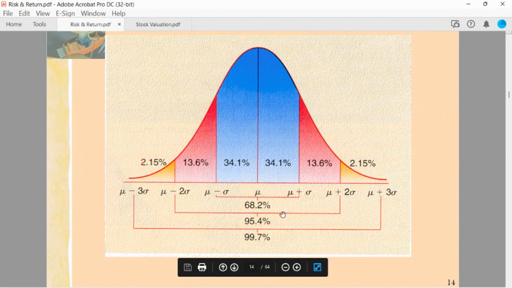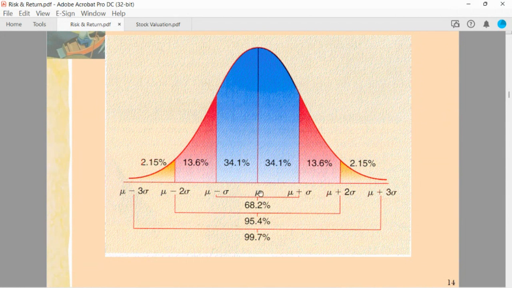So the normal distribution properties are this. The Greek character mu means the mean, right? And sigma is the standard deviation.